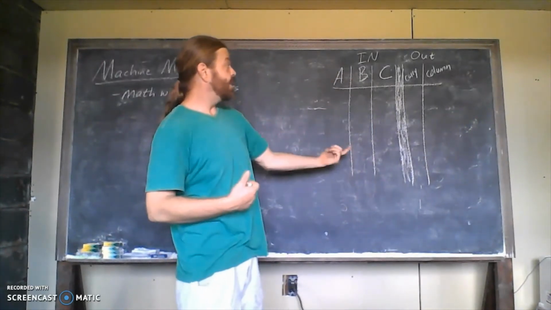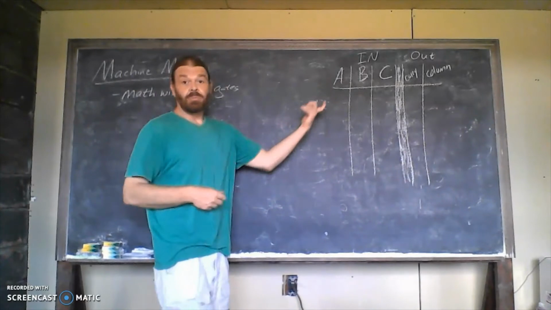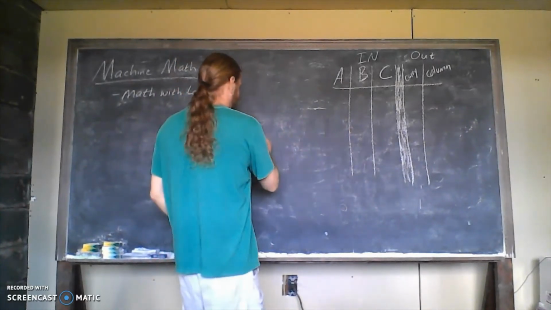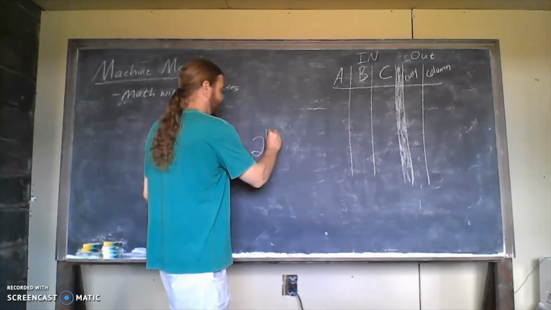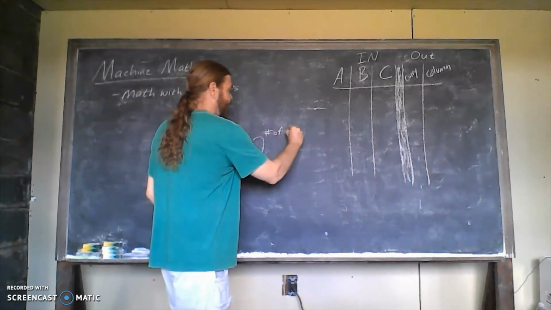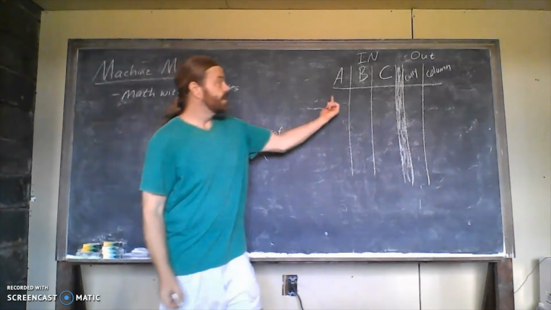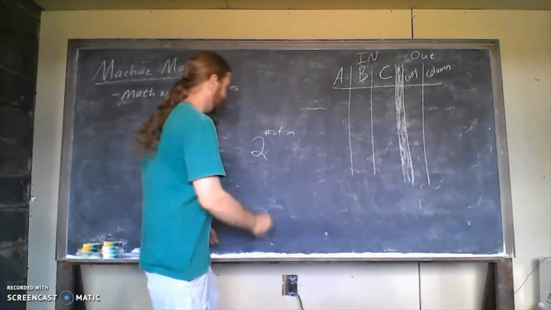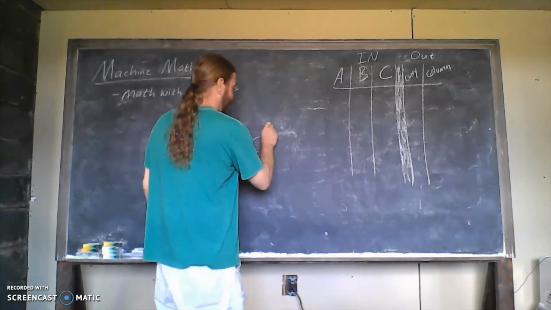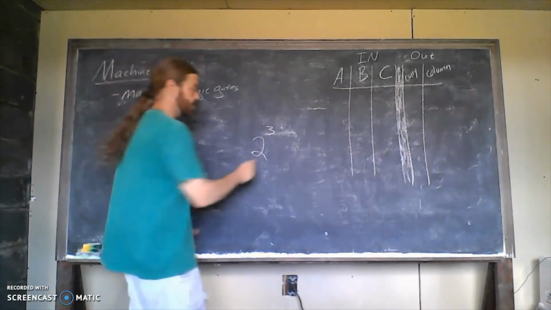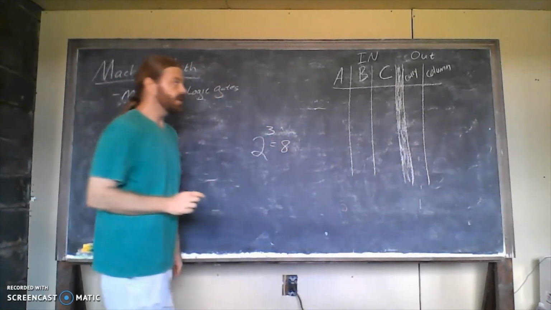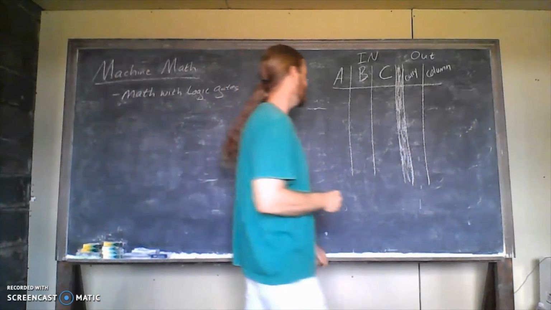So how many combinations do we have? Well, when we build a truth table, we'll always have 2 raised to the number of inputs combinations that we could have. So in this case, 3 possible inputs. That means we'll have 2 cubed, so we have 8 possibilities of combinations.